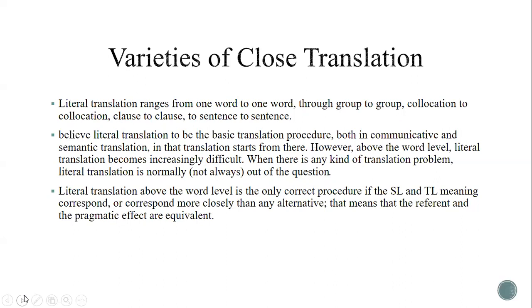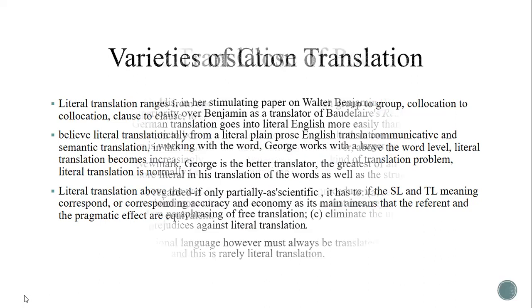When there is any kind of translation problem, literal translation is normally, not always, out of the question. Literal translation above the word level is the only correct procedure if the source language and target language meanings correspond, or correspond more closely than any alternative. This means that the reference and the pragmatic effects are equivalent.